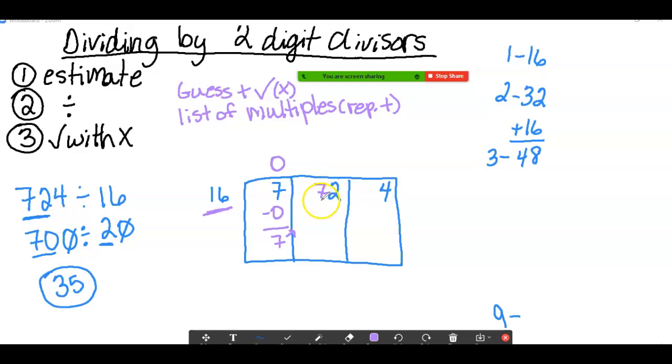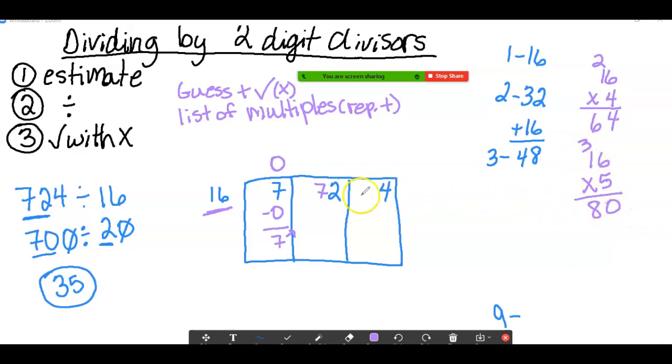So now I need to find out how many groups of 16 go into 72. I'm going to try 16 times 4. 4 times 6 is 24, 4 plus 2 is 6. That's close. I want to see what happens if I add another group. So let's do 16 times 5. 5 times 6 is 30, and 5 and 3 is 8.